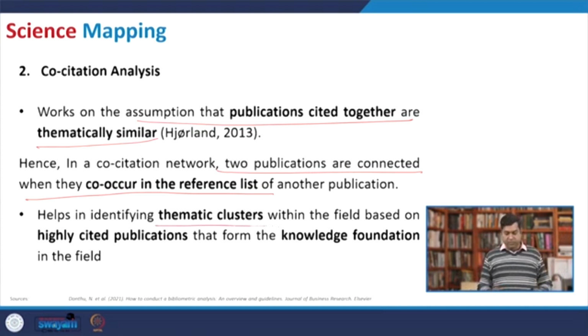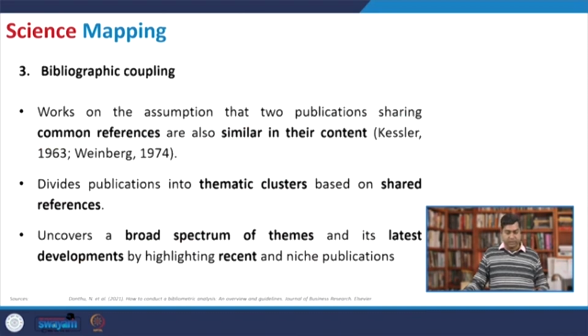It helps in forming thematic clusters of papers around the topic I am looking for. I will show you an example. It also gives an idea about the highly cited publications and can build the knowledge foundation.